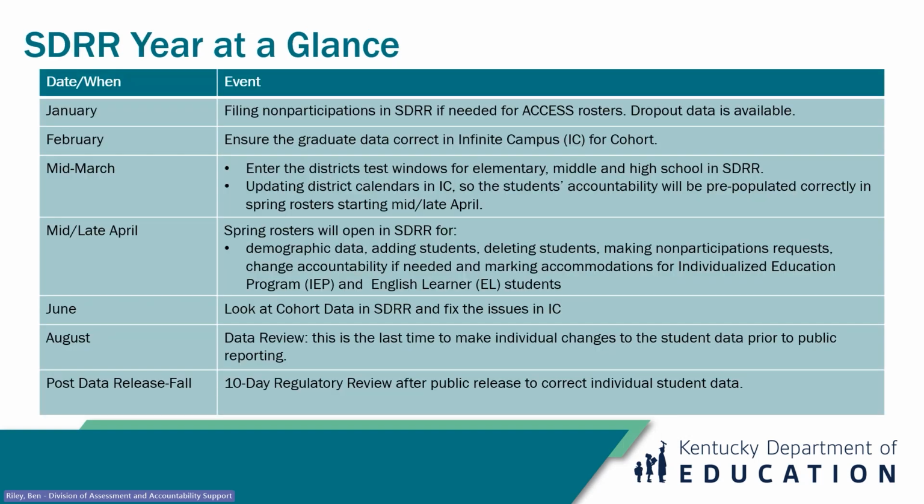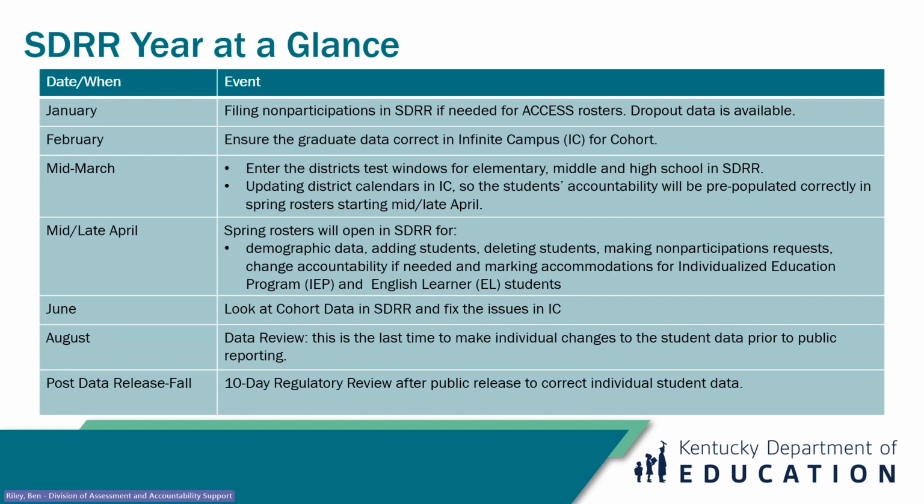Concerning the SDRR year at a glance, it's crucial to have a clear understanding of the annual timeline. The year begins in January with the filing of non-participations for access rosters. February focuses on ensuring the accuracy of graduate data in Infinite Campus for cohort. Mid-March is all about entering district test windows and updating calendars.